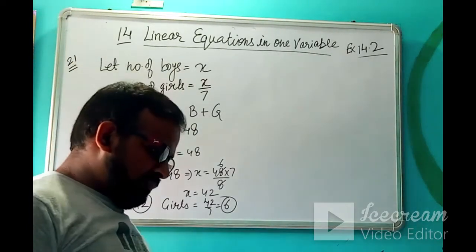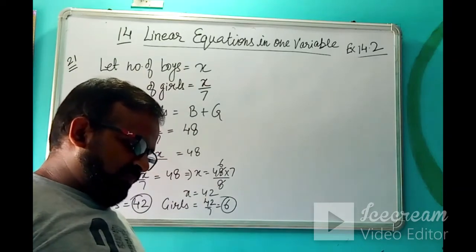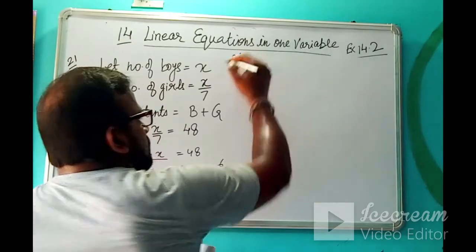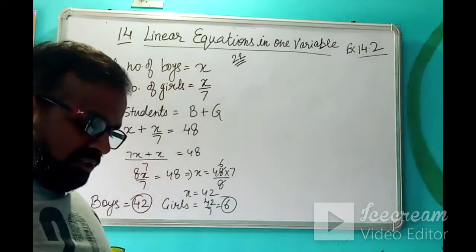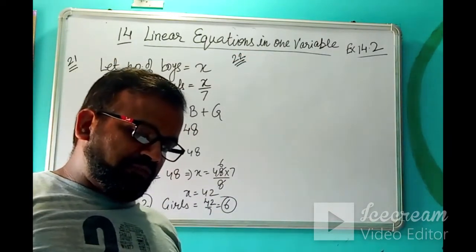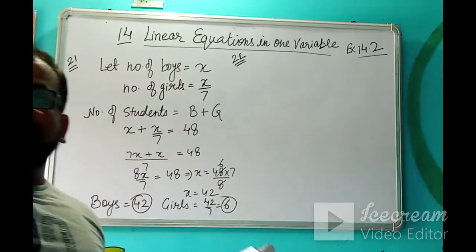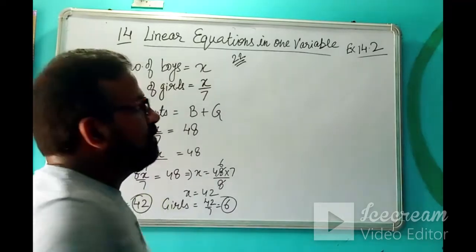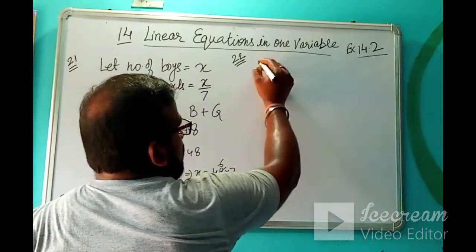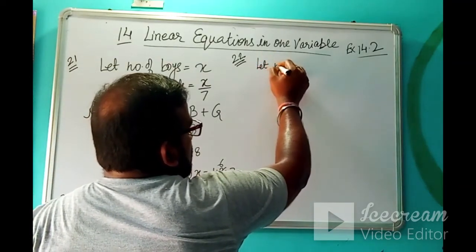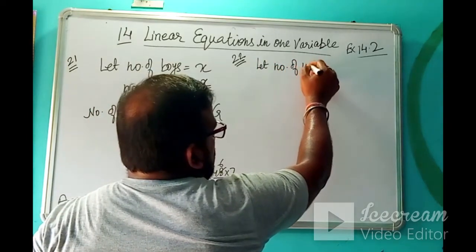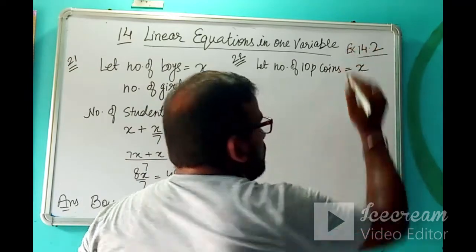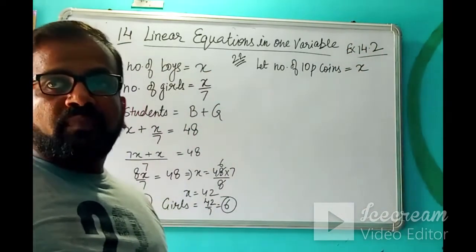Okay, then let's discuss another type of problem. So in question number 22, what is given? There are 10 paisa and 25 paisa coins in a bag, and the total number of coins is 40. So how will I start? I will let the number of 10 paisa coins be equal to x.